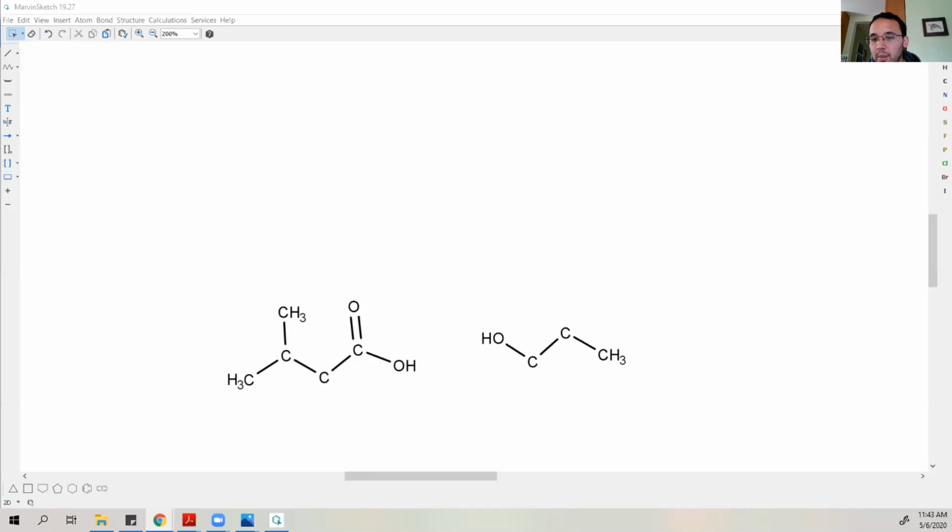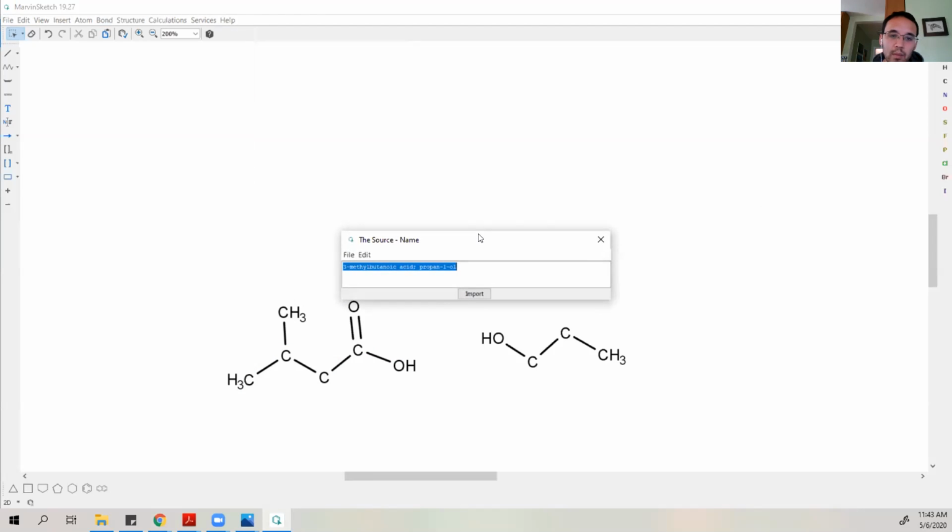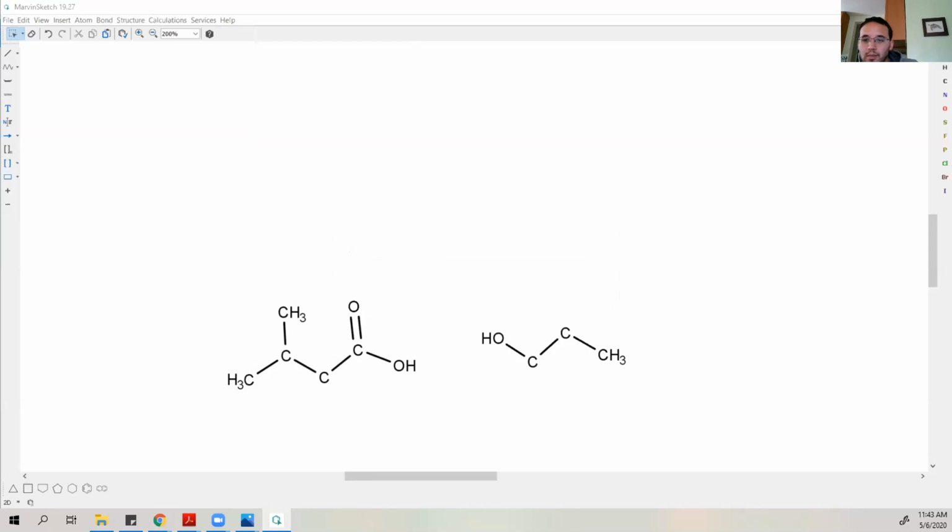So our methyl group is going to be attached to what carbon? So what carbon is that methyl group attached to?